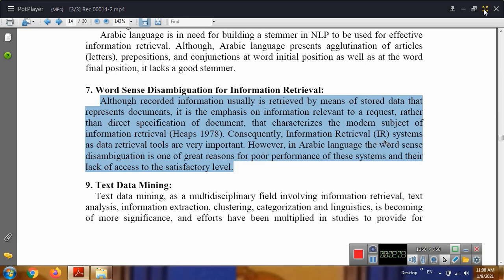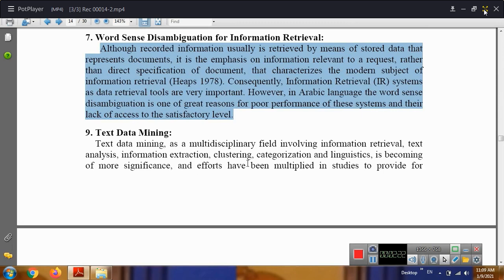Consequently, information retrieval, or IR systems, as data retrieval tools are very important. However, in the Arabic language, word sense disambiguation is one of the great reasons for the poor performance of these systems and their lack of access to a satisfactory level.